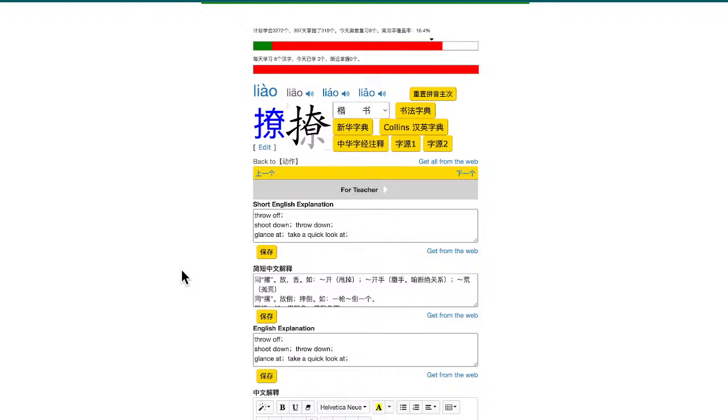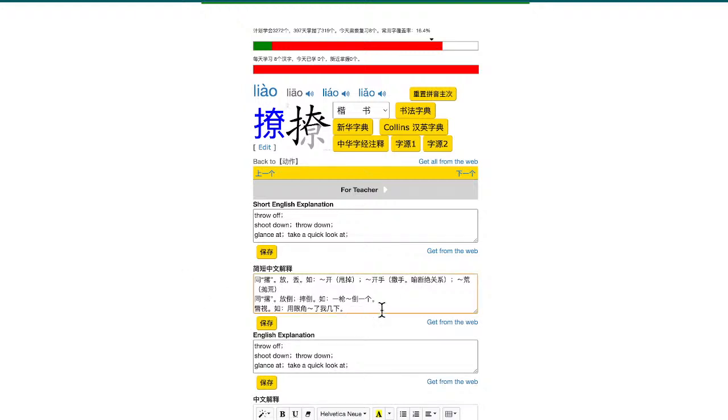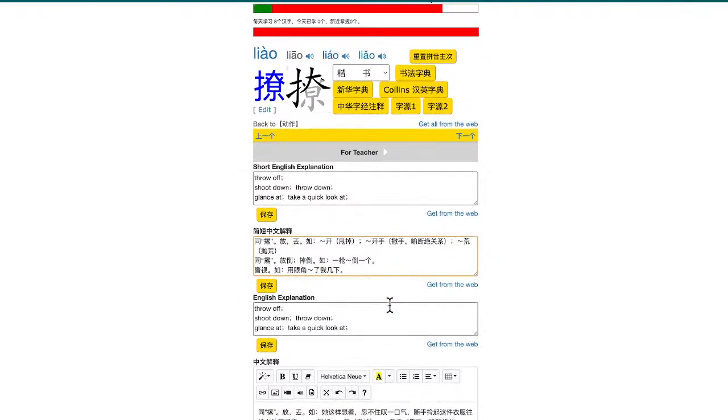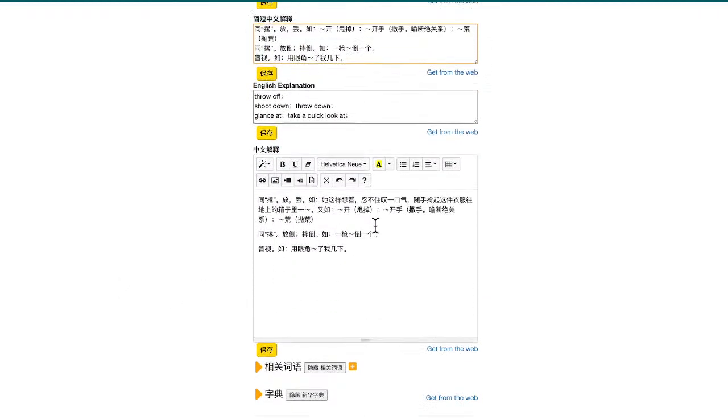It also means like a glance at, take a quick look at it. 瞄一眼, that means just take a really quick look, just take a peek basically. 撂 also means make somebody fall down, like 撂倒一个, which means you actually shoot down someone. So this is 撂.